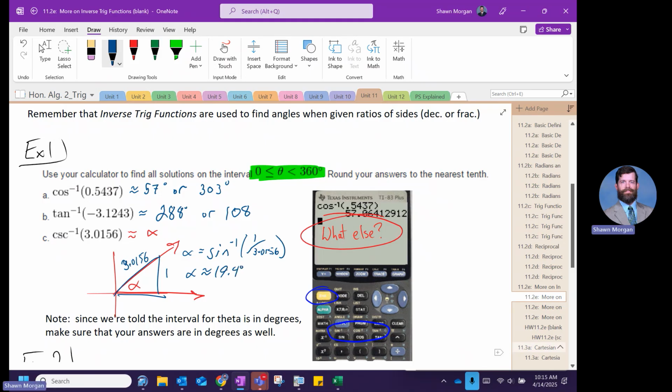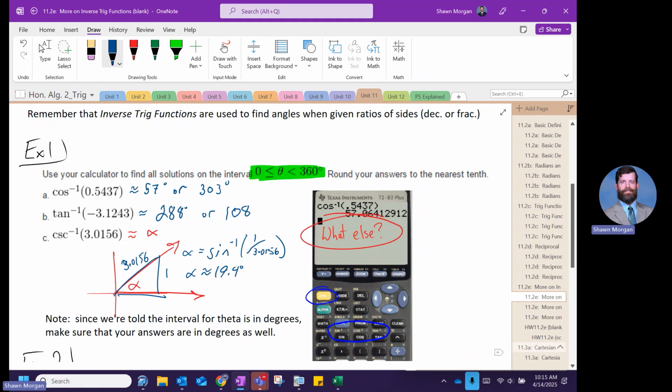Okay, so where else does sine have a positive output? Remember, sine is positive in two quadrants and it's negative in two quadrants. Very good. ASTC.